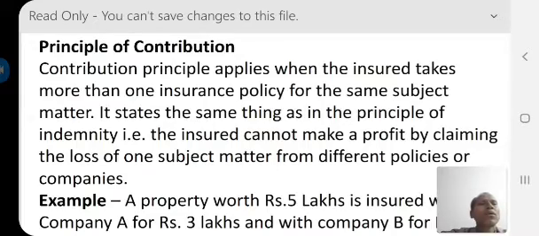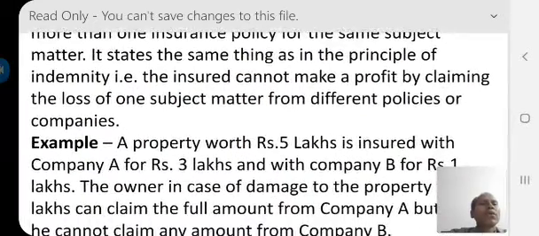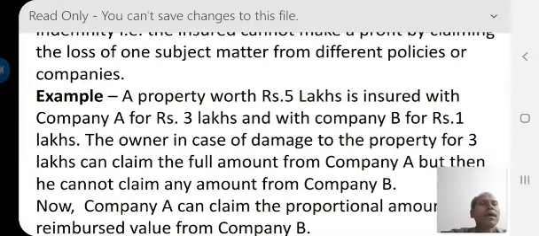Now we shall see an example. A property worth rupees 5 lakh is insured with company A for 3 lakhs. The property worth is 5 lakhs and it is insured for 3 lakhs only.